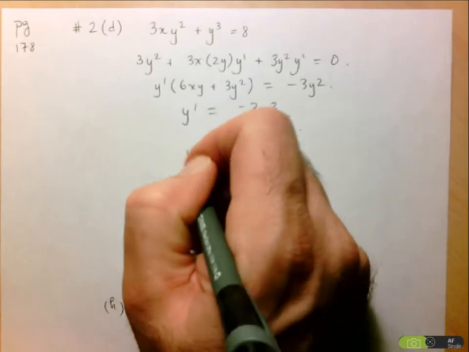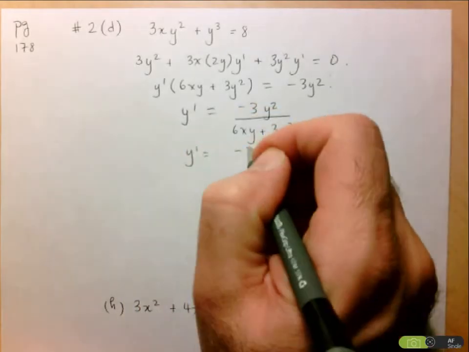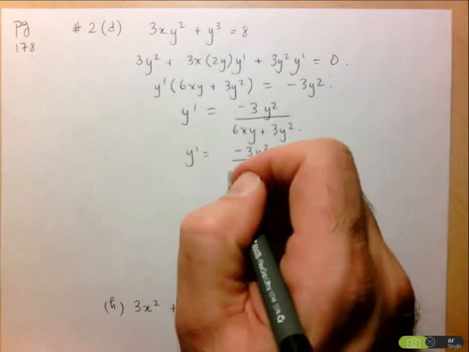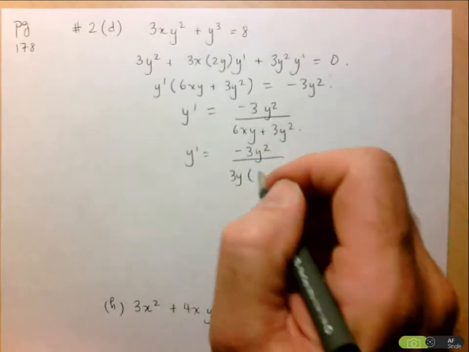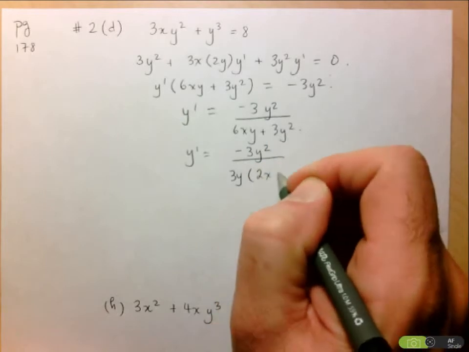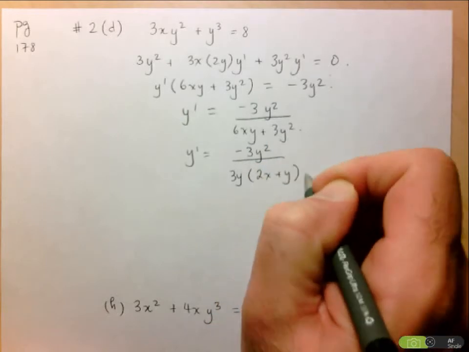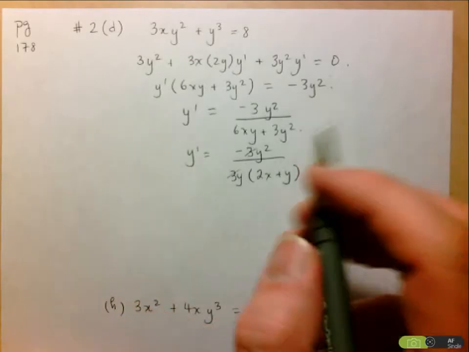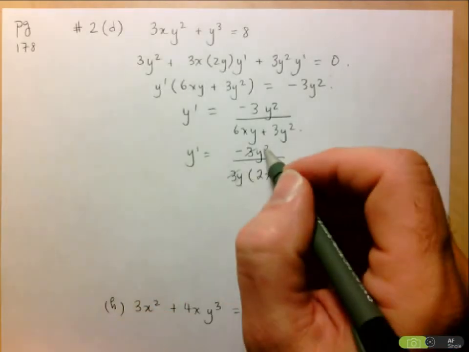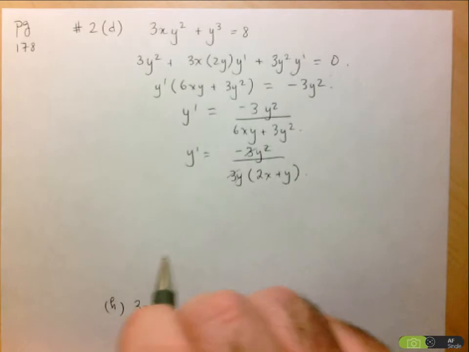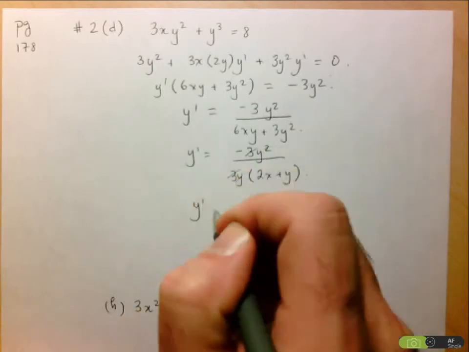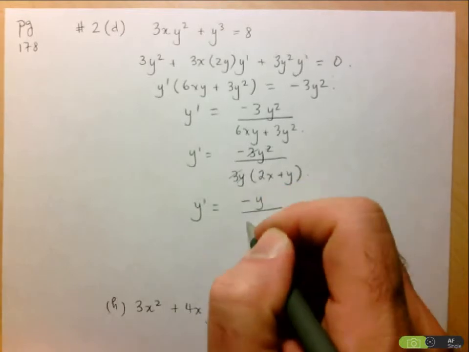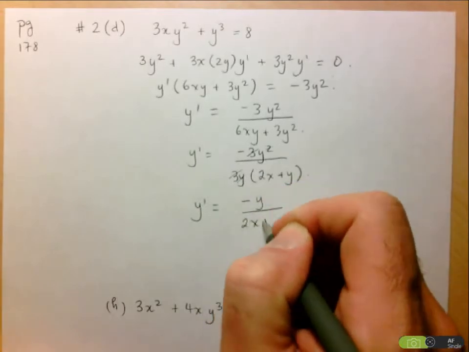From the denominator I can factor out a 3y, so here I'm left with 2x plus y. So 3 over 3 reduces to 1, and here the y in the denominator reduces with one of the y's in the numerator. Now we're left with y prime equals negative y over 2x plus y.